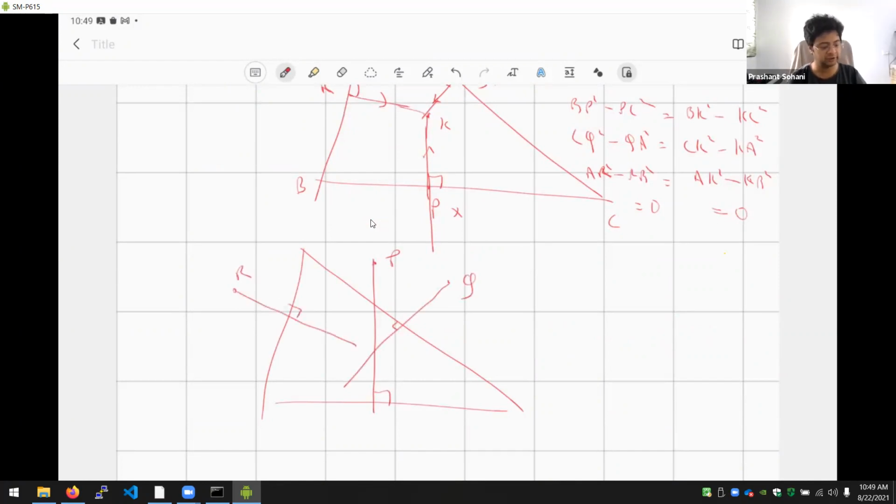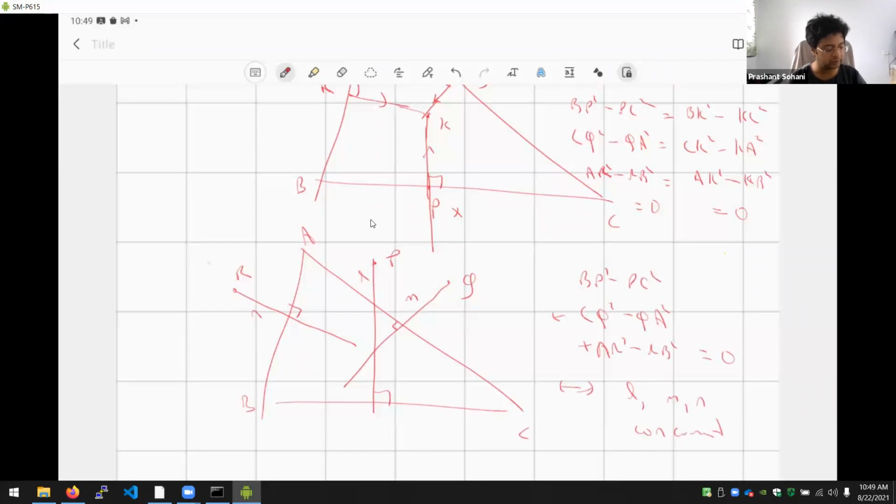So for these kind of floating points also the same thing is true. Again, BP square minus PC square plus that whole cyclic summation is 0 if and only if these three lines are concurrent. I call these lines L, M, and N.